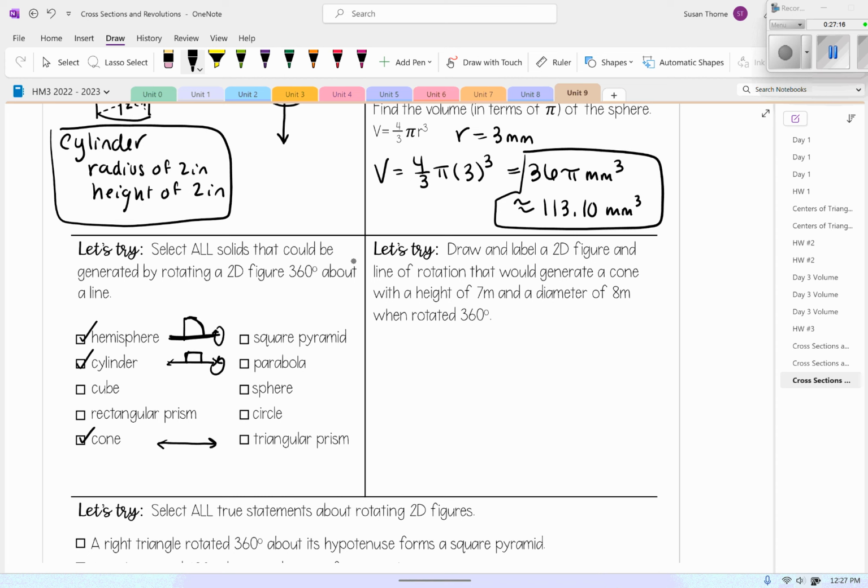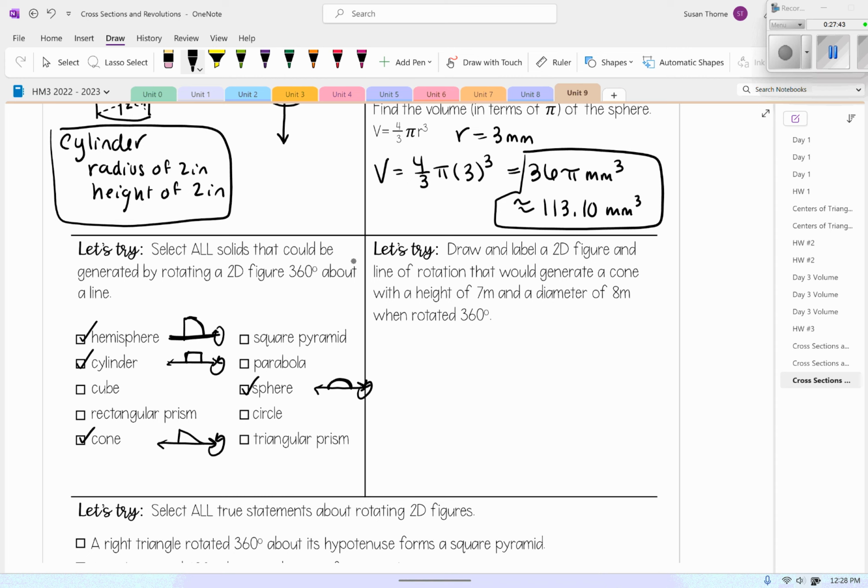We've been doing those. A square pyramid is not possible. A parabola is also not possible. A sphere we know is possible. If we rotate this figure around 360, that would give us a sphere. A circle is not possible, and neither is a triangular prism.